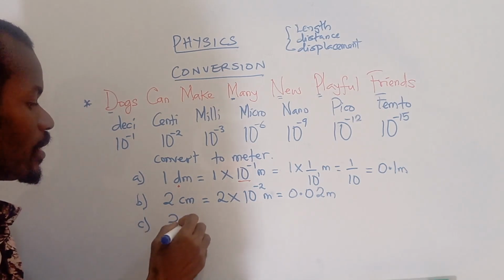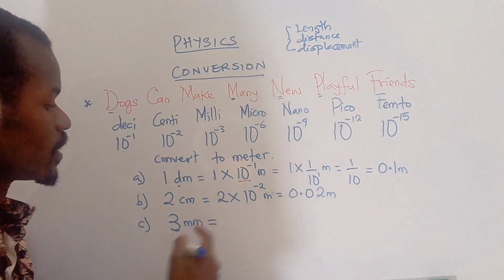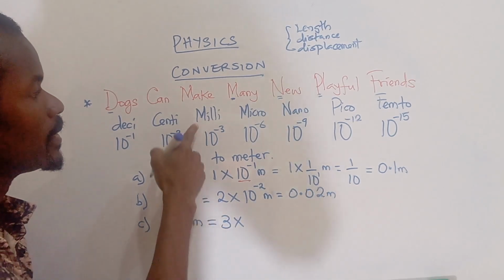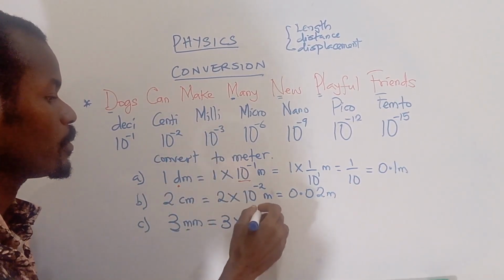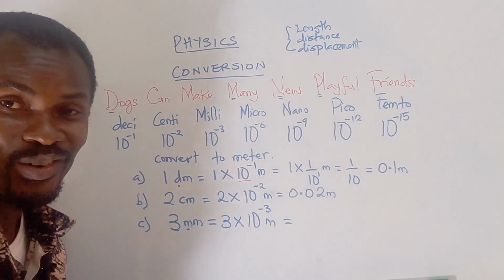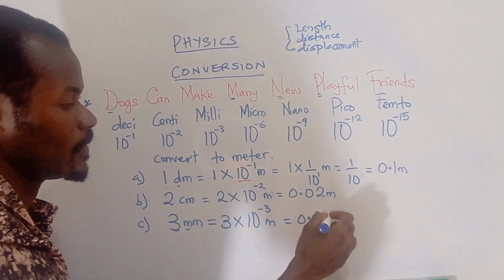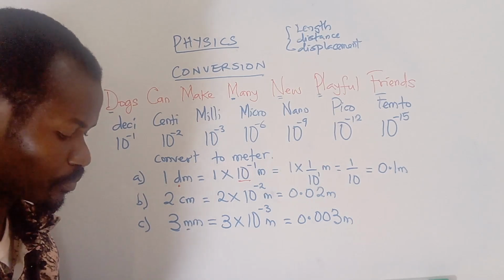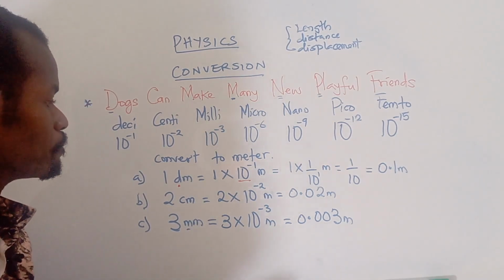We have 3 millimeter. So what will 3 millimeter give us? We'll write down the 3 multiply milli, it's for what? Milli, so 10 raised to the power of what? Minus 3, then we'll bring our meter. So this is going to give us 0.003 meter. Okay?